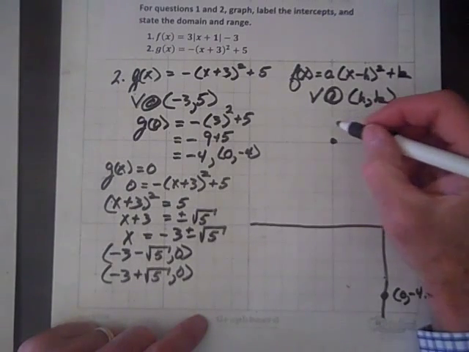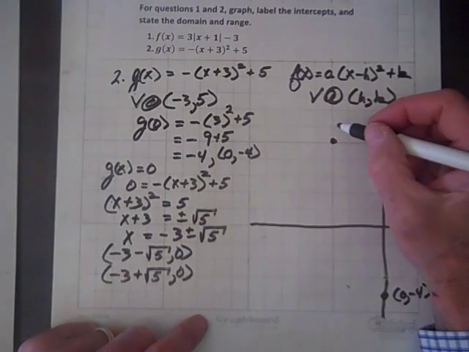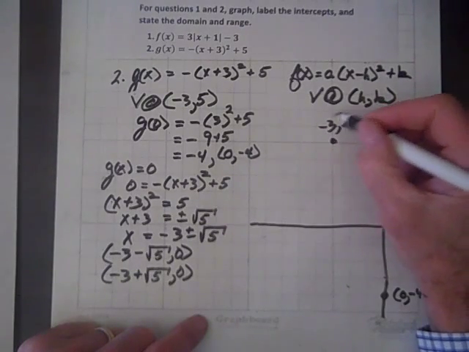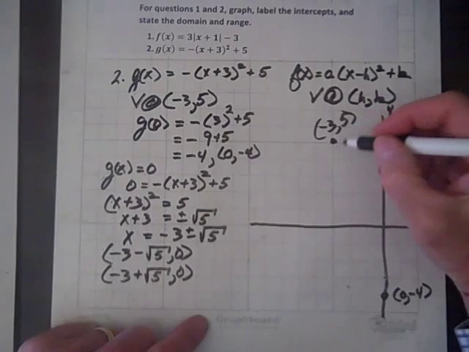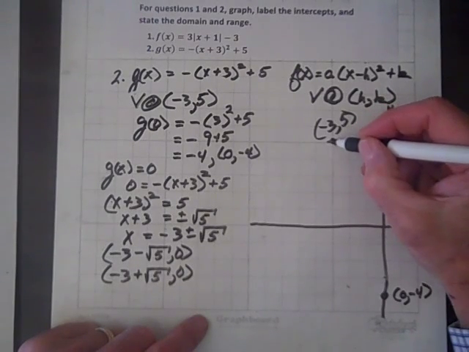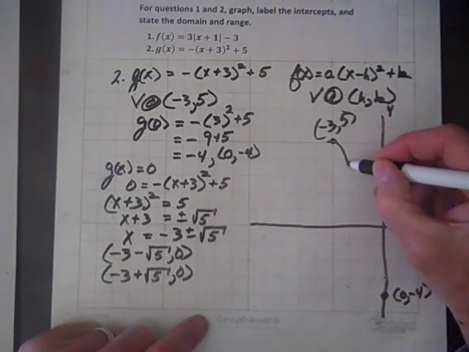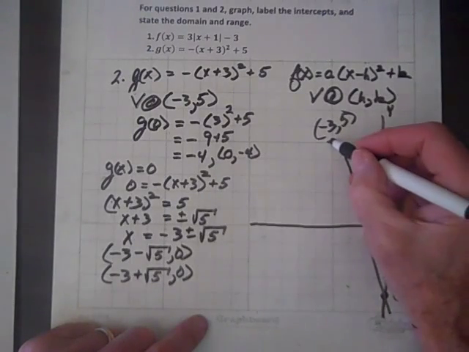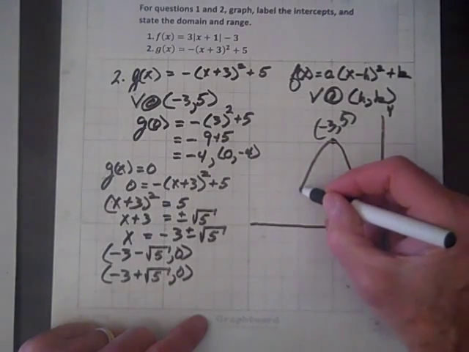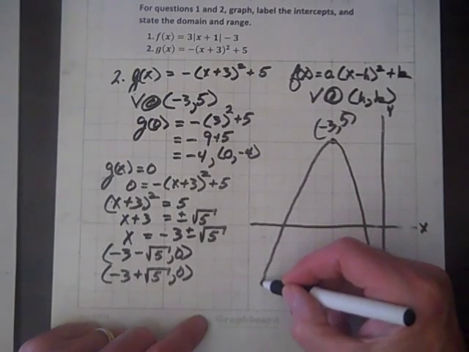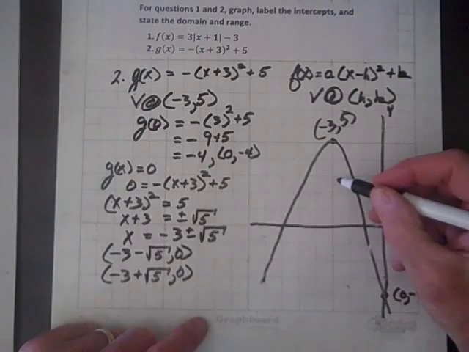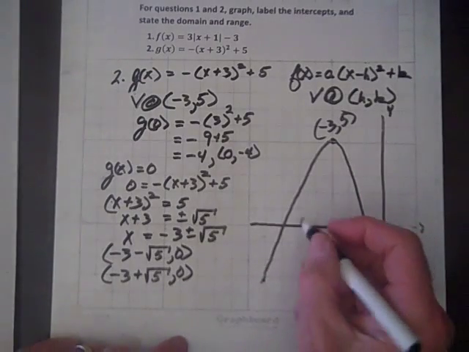So here we are at (negative 3, 5), and it's a parabola, so it opens down, going to go through (0, negative 4), and it's symmetric about this axis of symmetry, and the axis of symmetry is x equals negative 3.